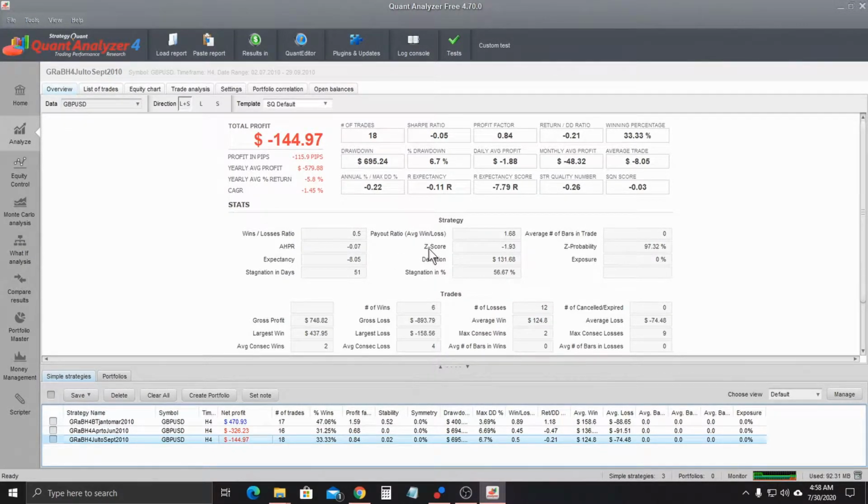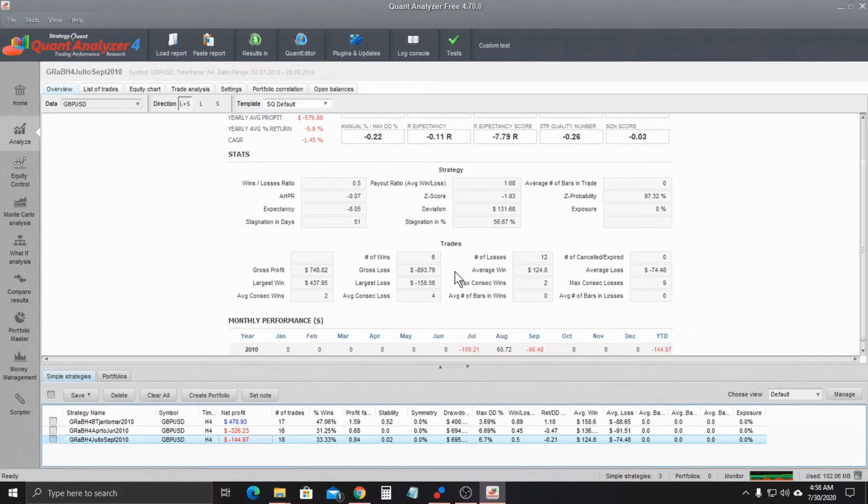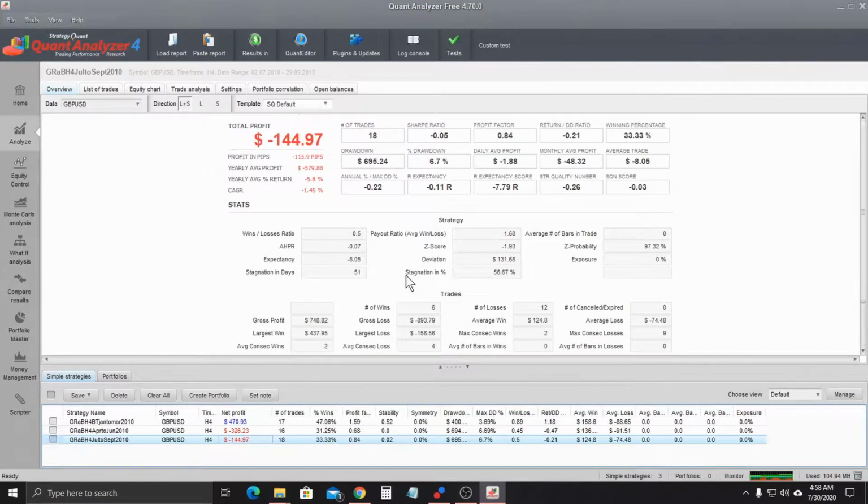I need to go through some of these other scores, like the Z score and Z probability. But for right now, let's just look at the months. Months is 109, $60, $96. That's a loss.